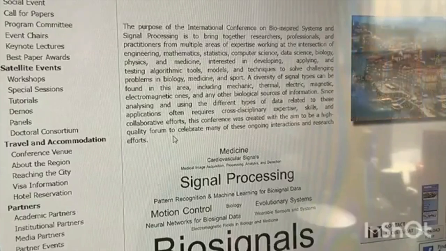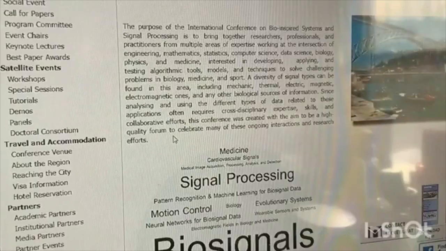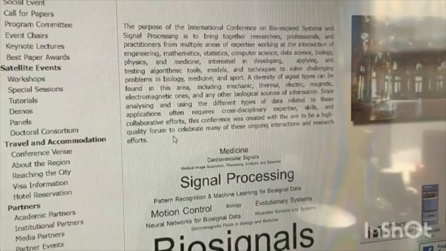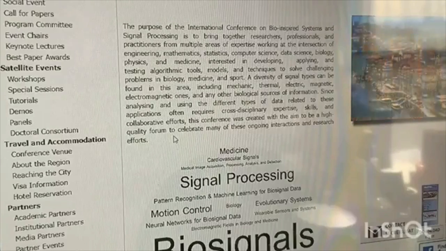Interested in developing, applying, and testing algorithmic tools, models, and techniques to solve challenging problems in biology, medicine, and sport. A diversity of signal types can be found in this area, including mechanic, thermal, electric, magnetic, electromagnetic ones, and any other biological sources of information.